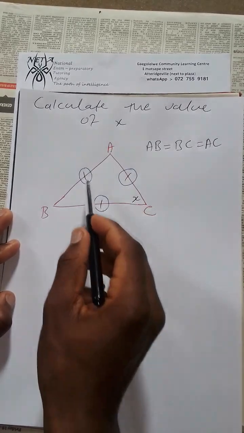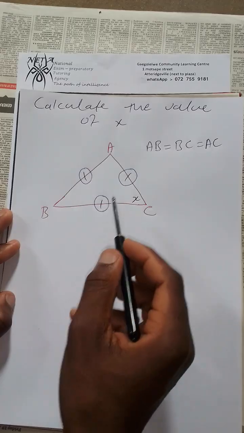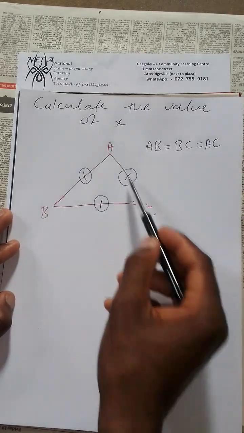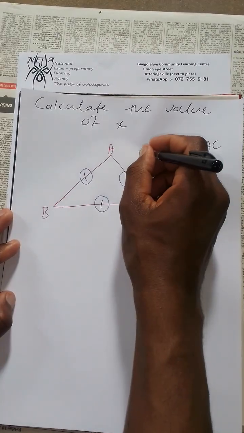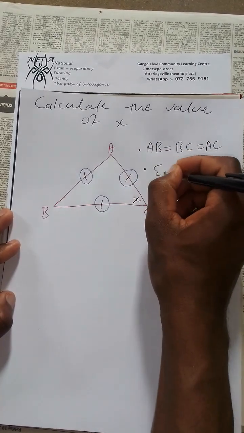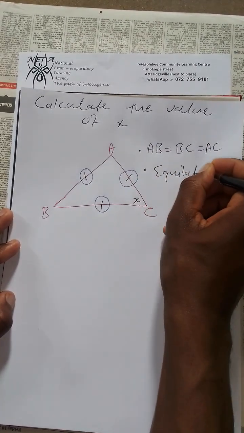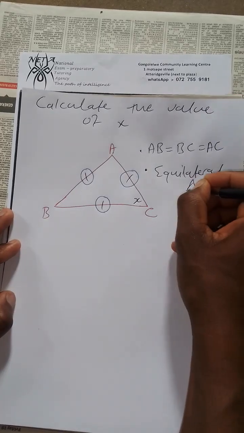These three symbols demonstrate that all these lines are equal, all your sides are equal. Hence, I concluded that we are dealing with an equilateral triangle.